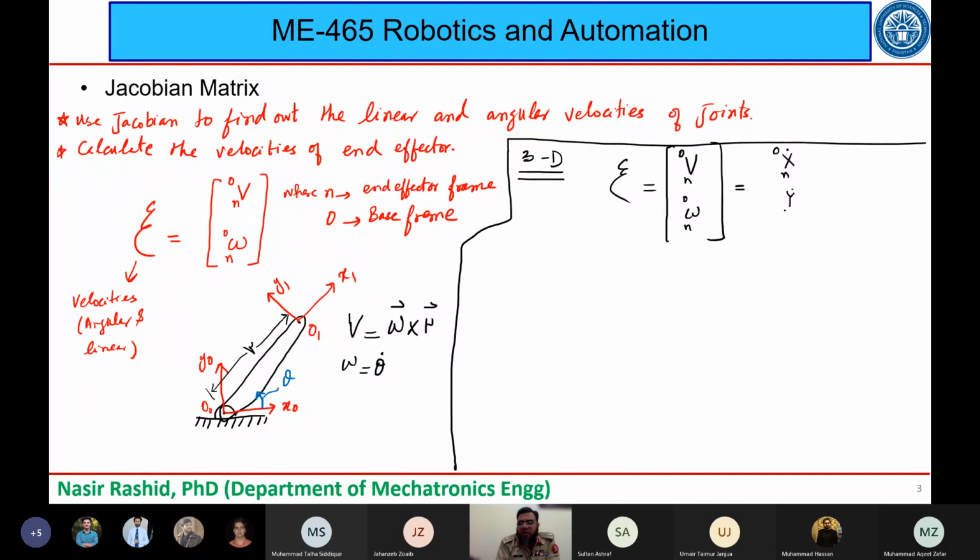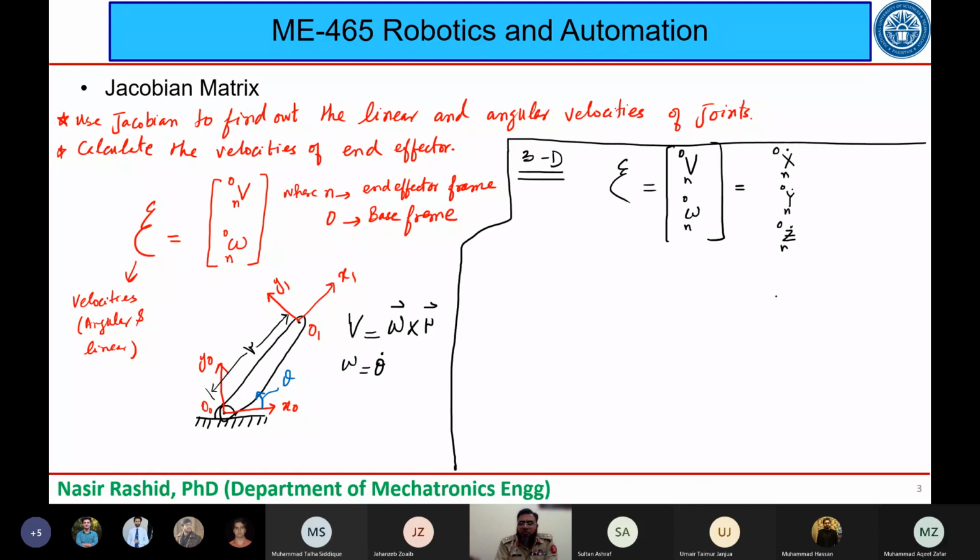Similarly, y dot n with respect to 0, and then the change in z direction, z dot of the end effector with respect to 0. So these 3 terms give you the linear velocities.